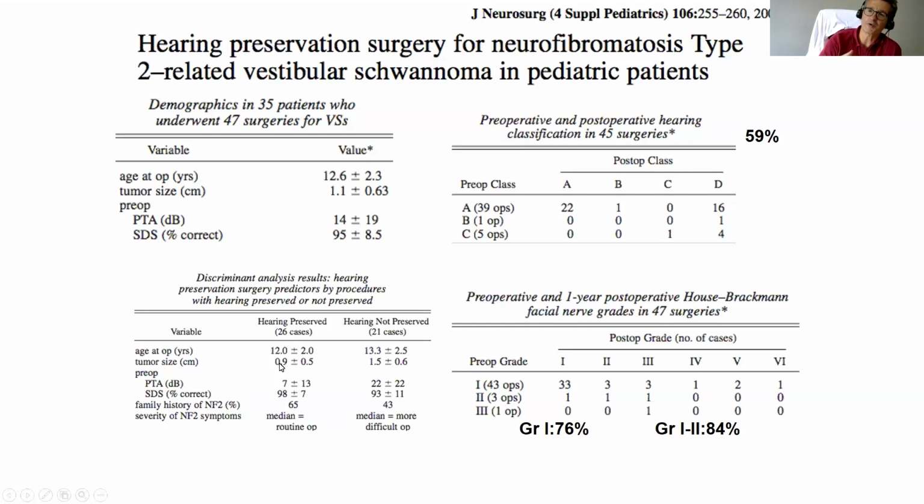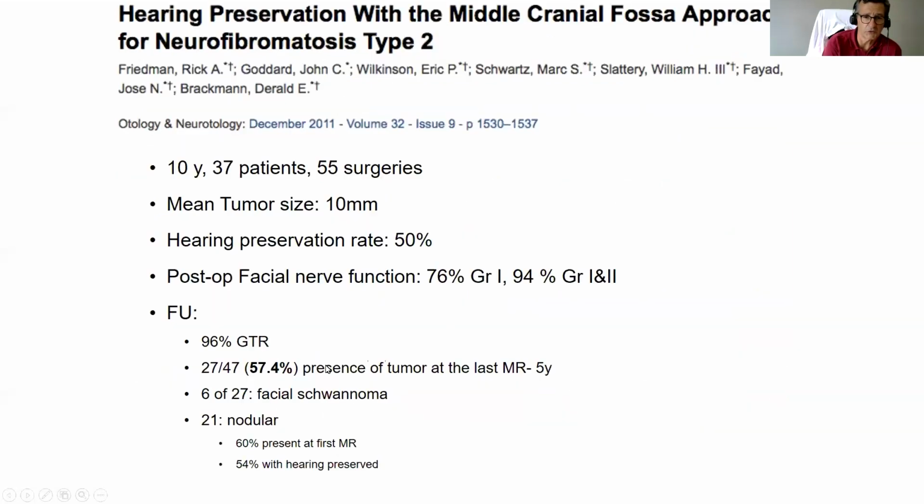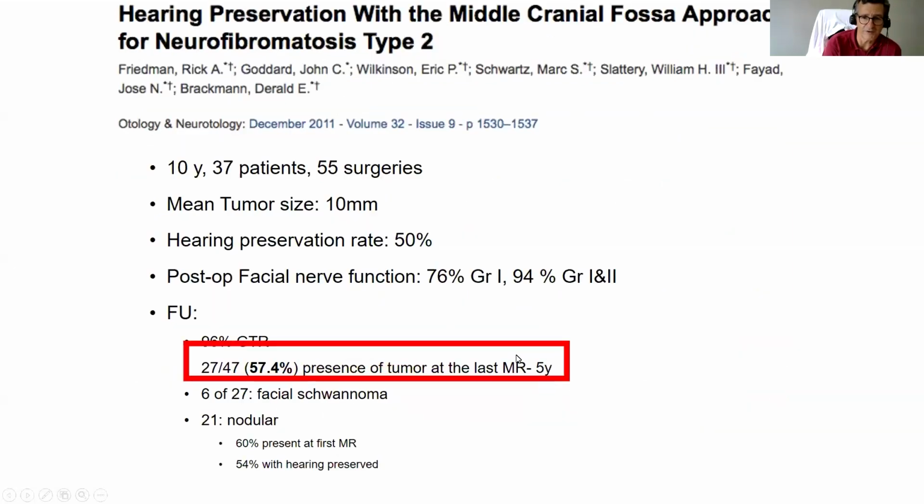In this series of young patients, they did the surgery from the beginning, and they preserved hearing in 60%. And in the follow-up, 5 years later on, 60% had new tumor, recurrence, I don't know.